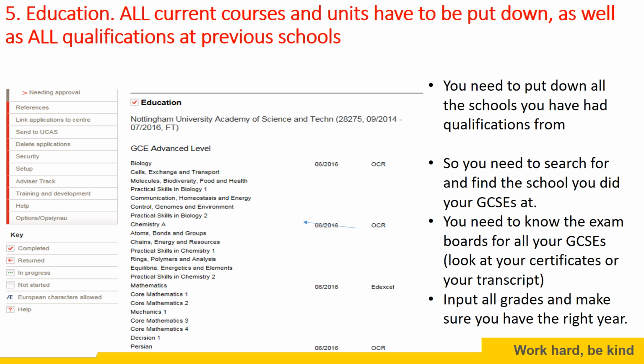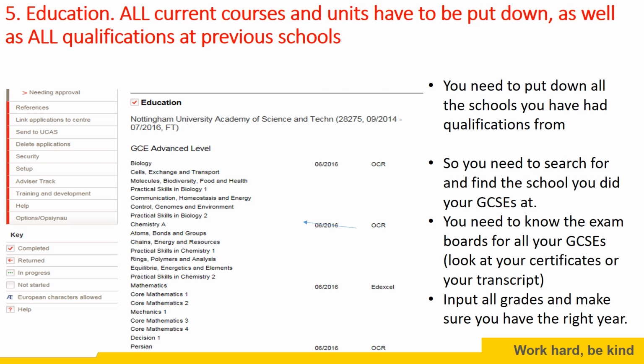So the school you got your GCSEs from, you need to input, and it's a box, and you start typing, and then it'll search the name and narrow the name down. So you need to type that. And then you need to do your GCSEs. So you need to find your certificates or your transcript, because you need to know what the exam boards are.